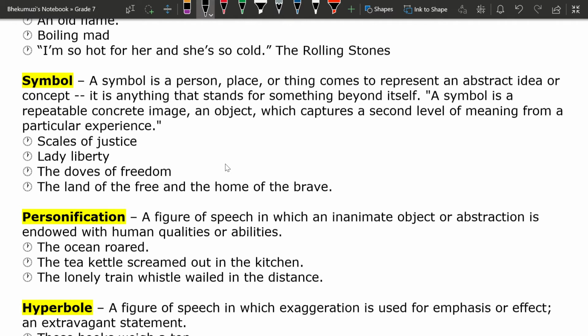So a symbol is a repeatable concrete image, right? An object which captures a second level of meaning from a particular experience. So, scales of justice. You understand what that means? Scales, you know what scales are. They measure weights on the left and the right.